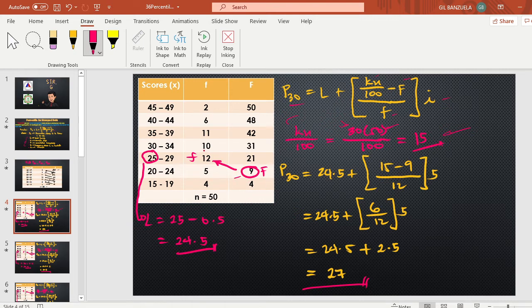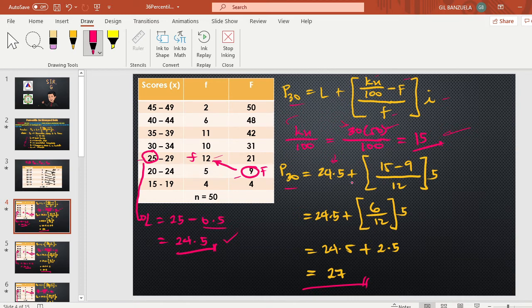And of course, the frequency where the lower limit is located is just one step higher in the cumulative frequency, which is 12 in this case, and our lower limit is 25, to be subtracted by 0.5 to get the true lower limit, which we're going to use in the formula. So we plug in the true lower limit 24.5 to the formula, and we are now ready to solve for P30.